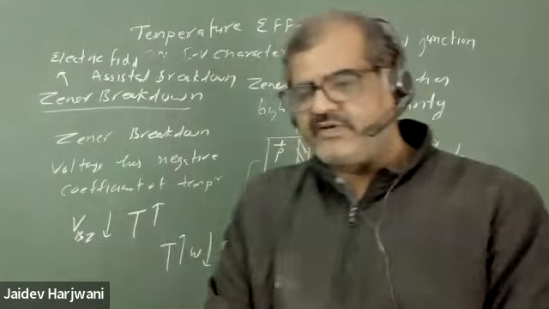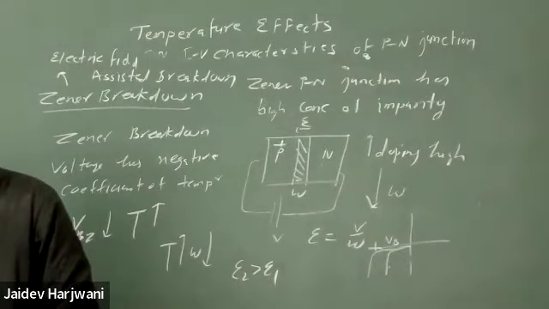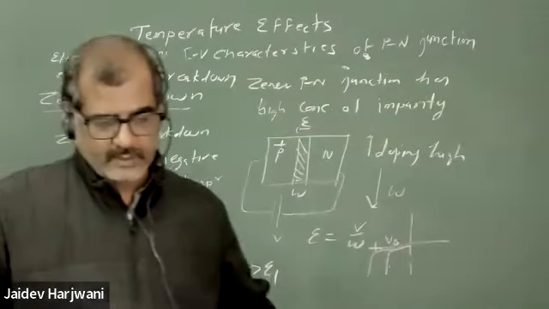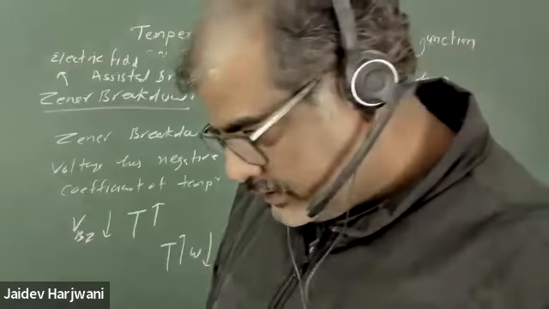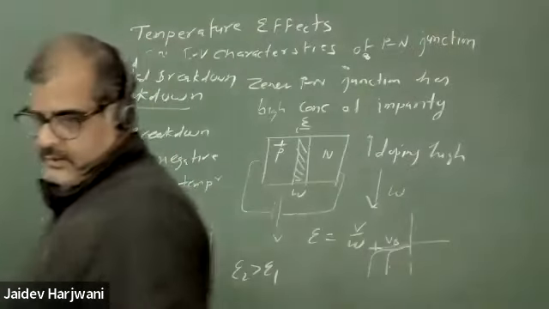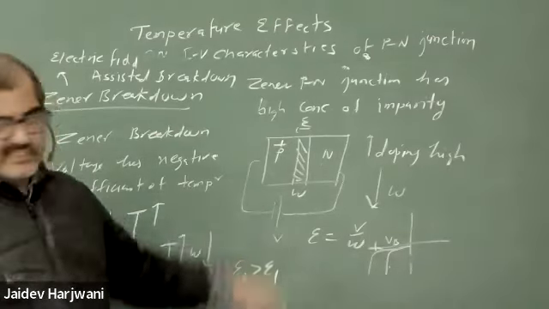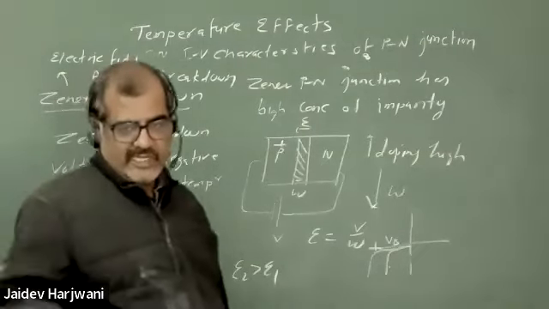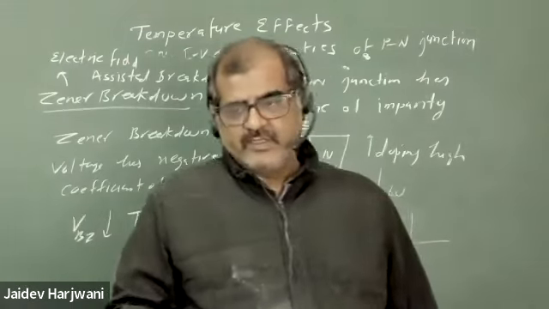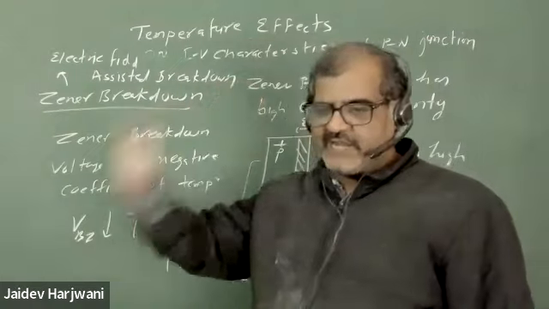Any doubt you can ask me. Sir, you said electric field assisted breakdown, but electrons are the ones which produce it, no? No, see, inside the depletion region there is an electric field, and the electric field can also break the bond. One mechanism is impact ionization, where your electrons gain energy and collide with bonds.